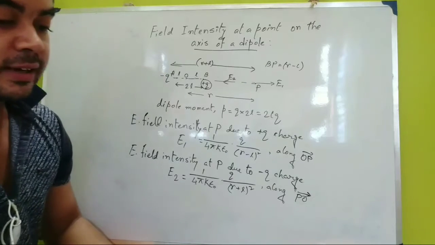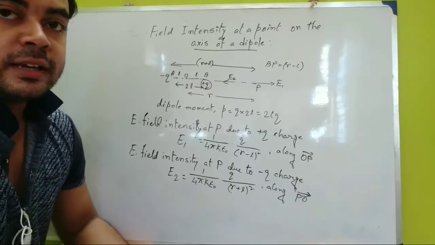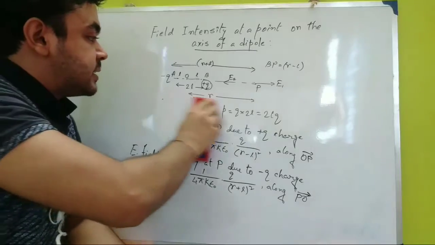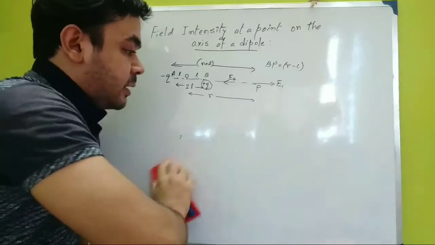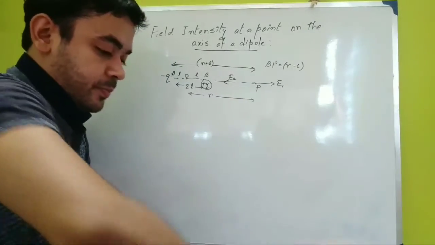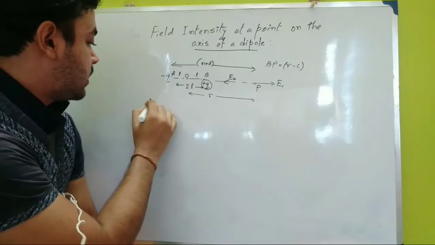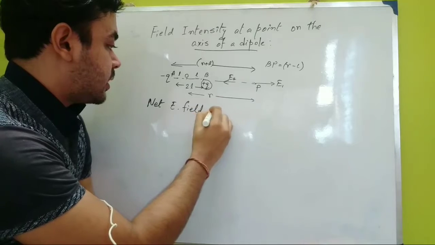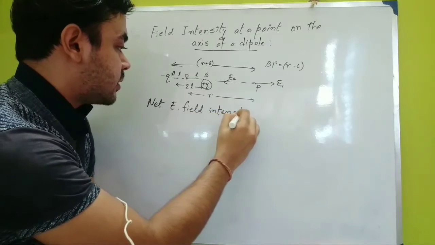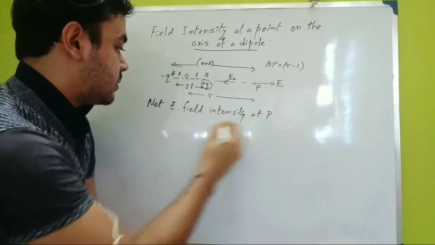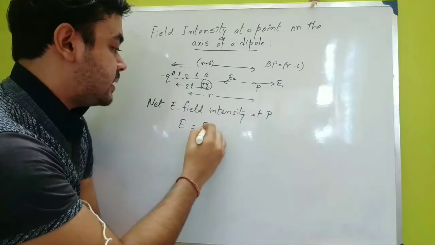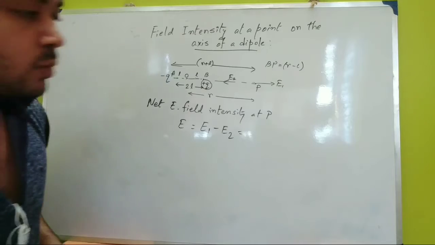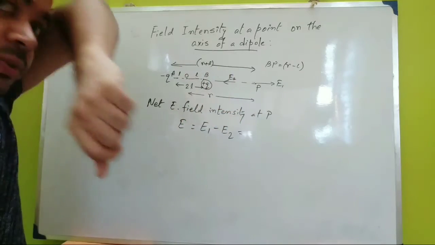The net electric field intensity at the point P is given by E is equal to E1 minus E2, because their direction is just opposite to each other.